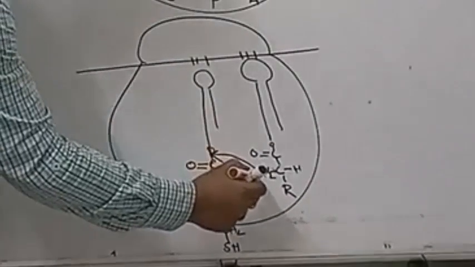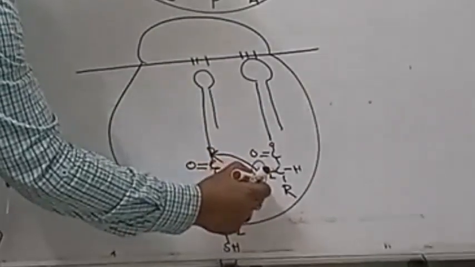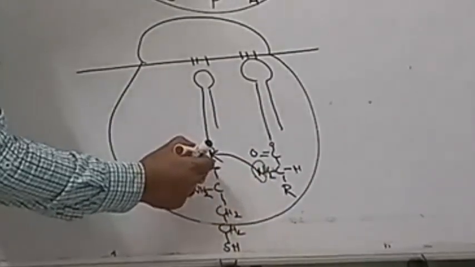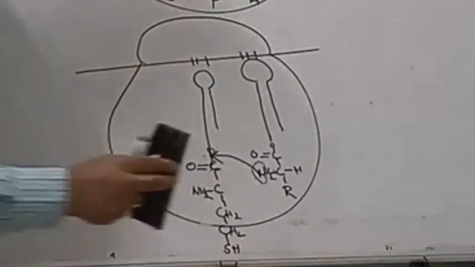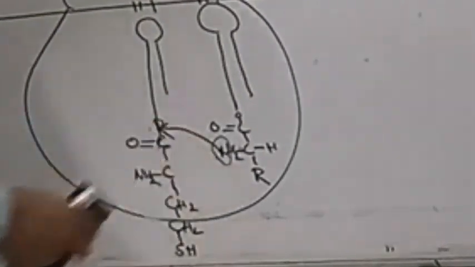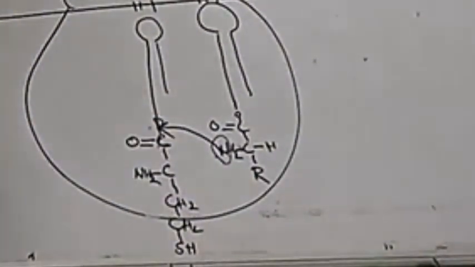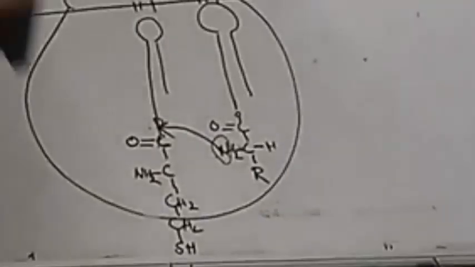This alpha amino group nucleophilically attacks, and once it does, it forms a peptide bond. The bond between an amino group and a carboxylic acid group is the peptide bond, isn't it?